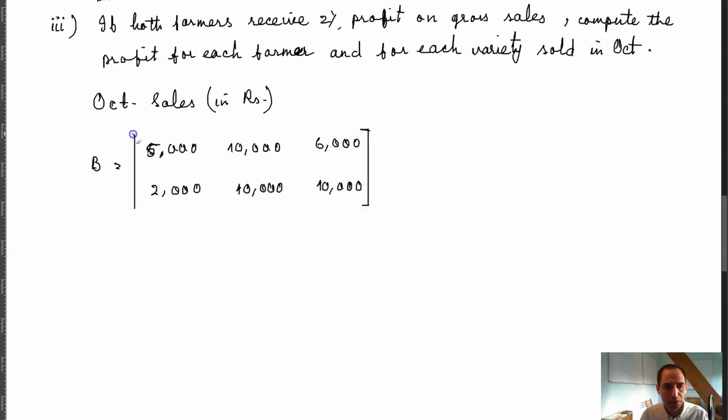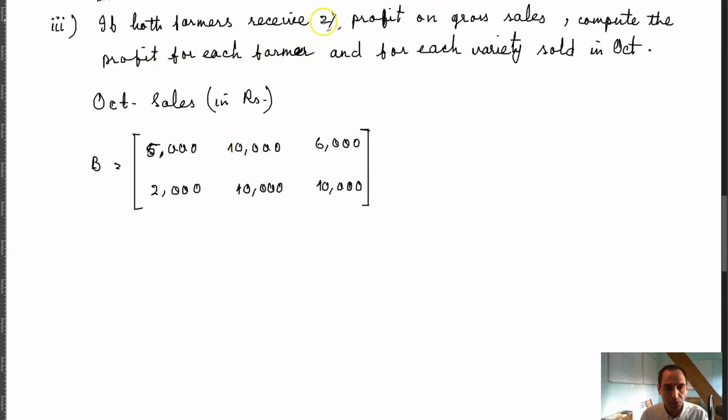Right, so that is that. Now, you can take this as gross sales. And with 2% profit on gross sales, you want to compute the profit for each farmer.